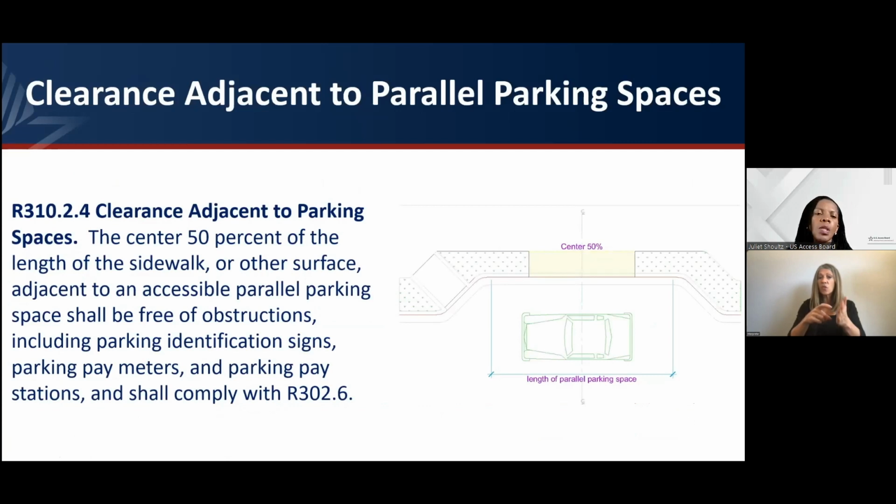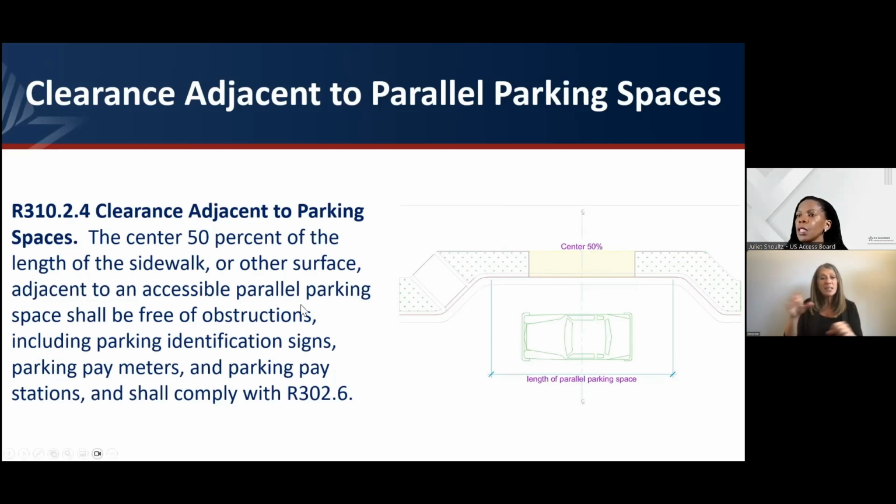This requirement is similar to the one I discussed on passenger loading zones, accessible passenger loading zones specifically. So similarly at on-street parallel parking spaces, we want that center 50% of the surface or sidewalk that's adjacent to the accessible on-street parallel parking space to be completely clear. No street furniture, no landscaping.